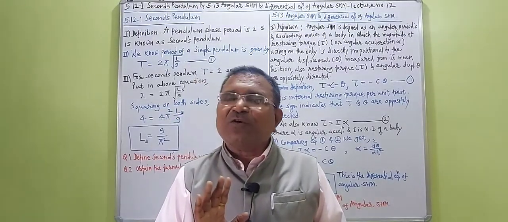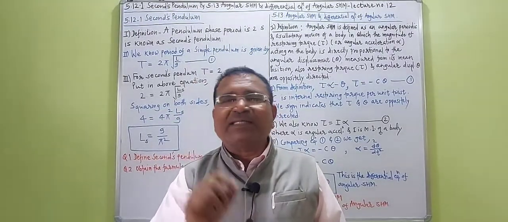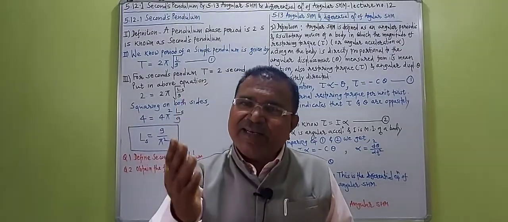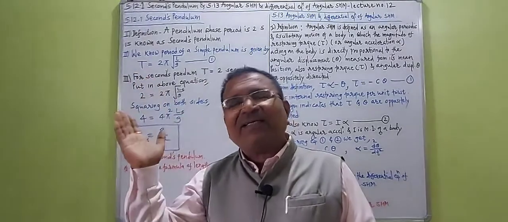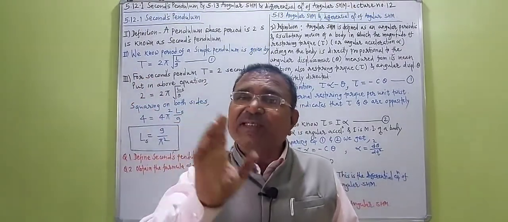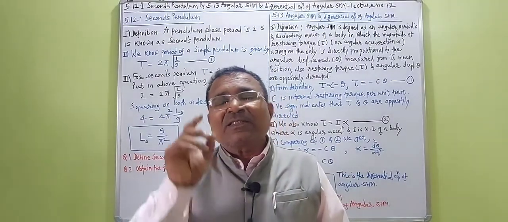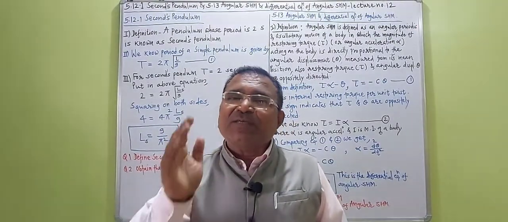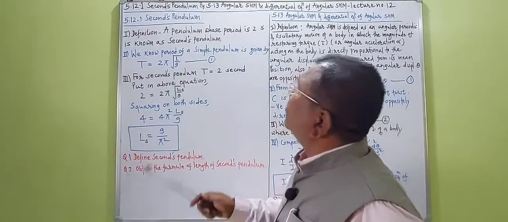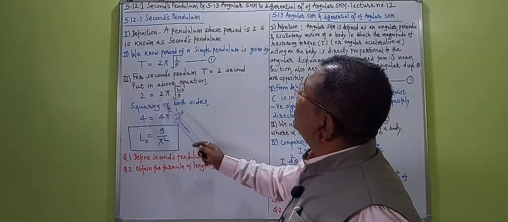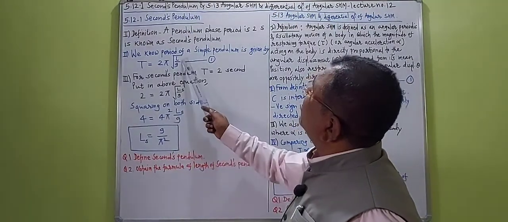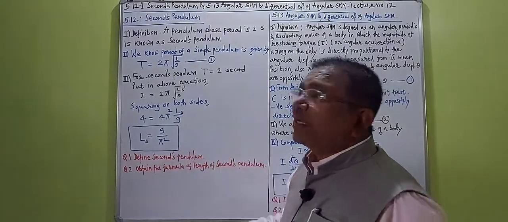We know the formula of period of a simple pendulum, that is capital T is equal to 2 pi square root of L upon g, that I have already written on the board. Put T equal to 2 seconds because the period of a seconds pendulum is 2 seconds. By putting T equal to 2 seconds, we get T is equal to 2 pi square root of Ls upon g.